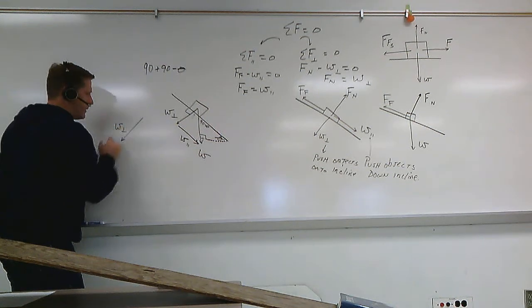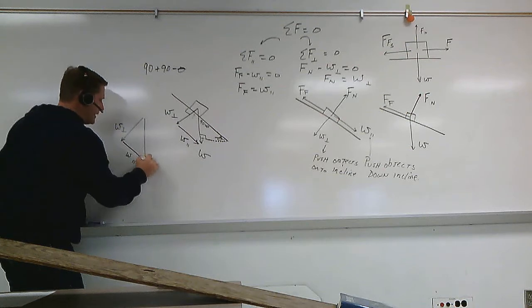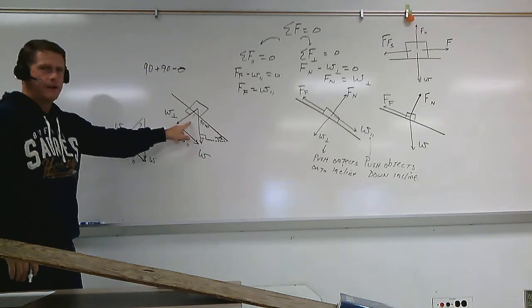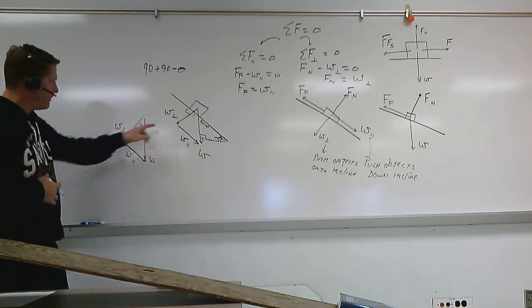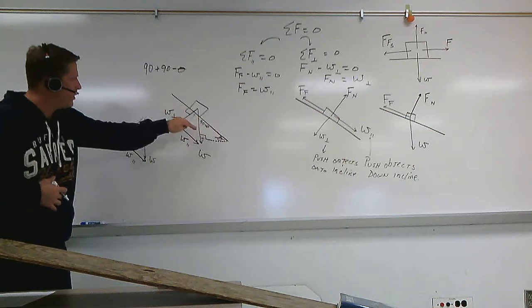So there's W perpendicular, there's W parallel, and there's my weight, W. This question mark is that thing right there. Now, when I redrew this triangle, it might be twisted a little bit, but this question mark is that question mark right there. All of this has to equal 180.